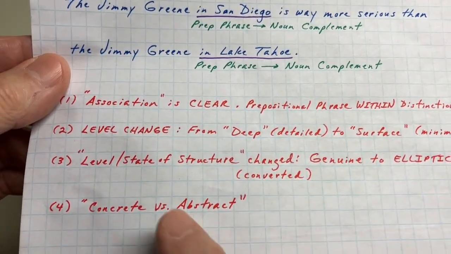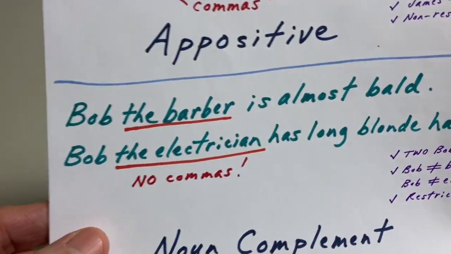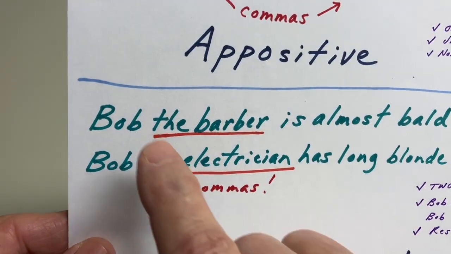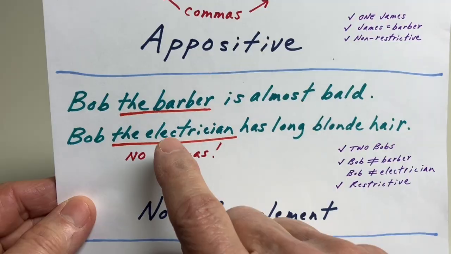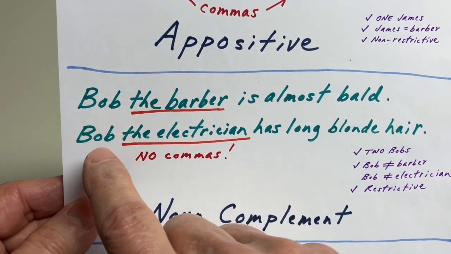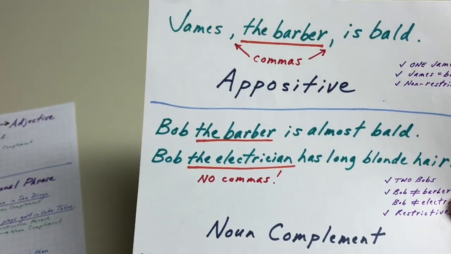And that's where we discover the difference between concrete and abstract. Okay? And I mentioned that more than once because you see here with the noun complement, with the two Bob examples, that there actually were two different concrete Bobs here. So that's why context is very important.